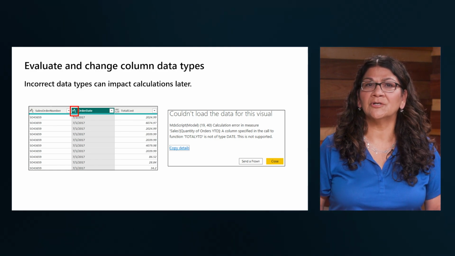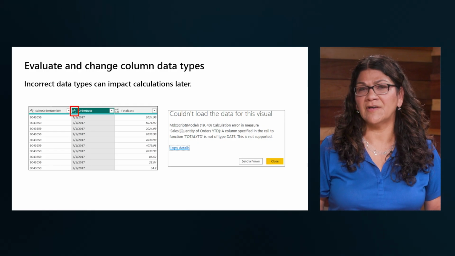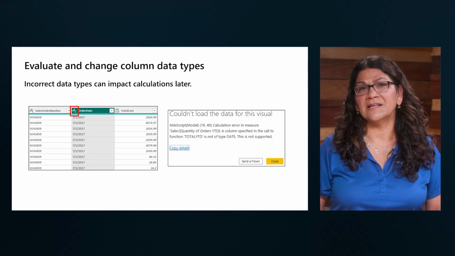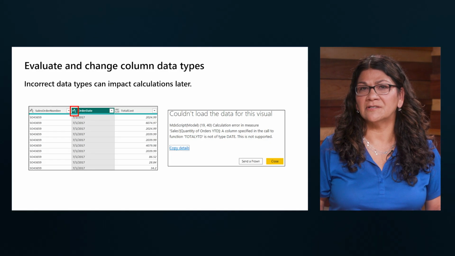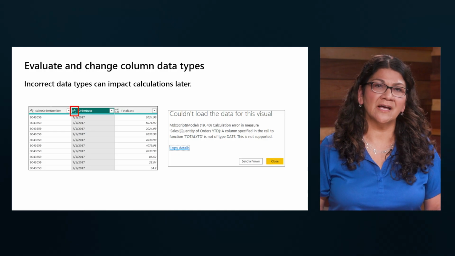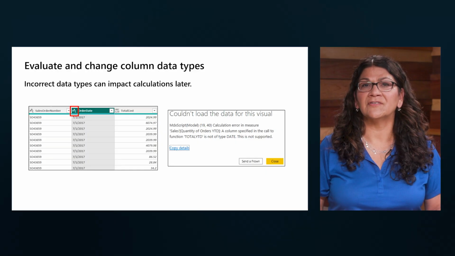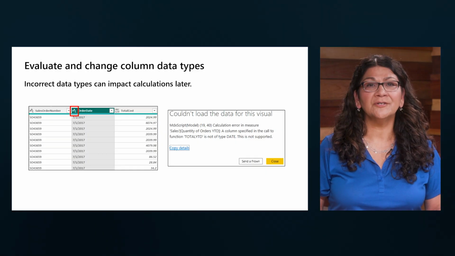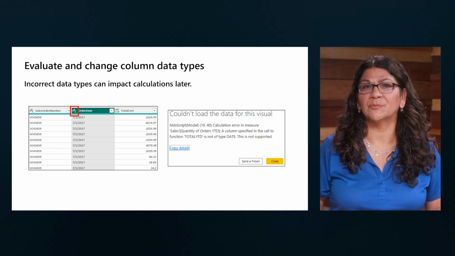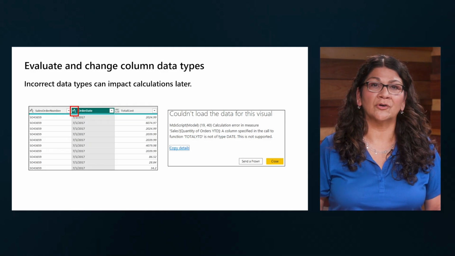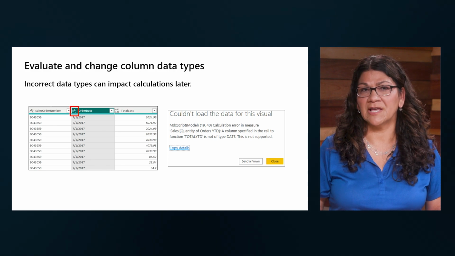This could also include applying a format to the values in a column if it's numerical or date or time, for example, and even changing the summarization default for a column from sum to min, max, average, count, etc. if it's a numeric field. Incorrect data types will prevent you from creating certain calculations, deriving hierarchies, or creating proper relationships with other tables.